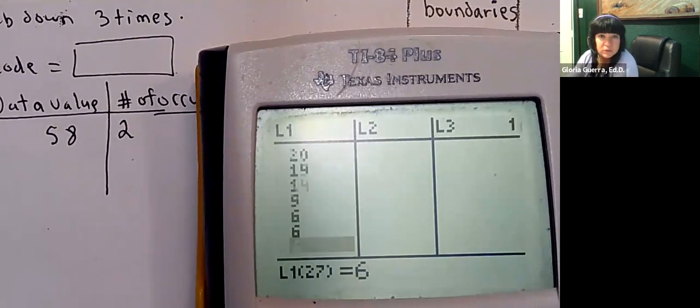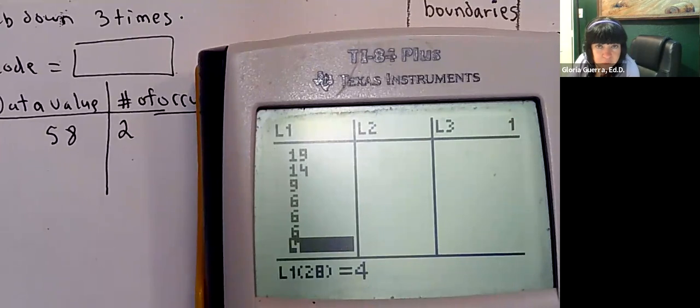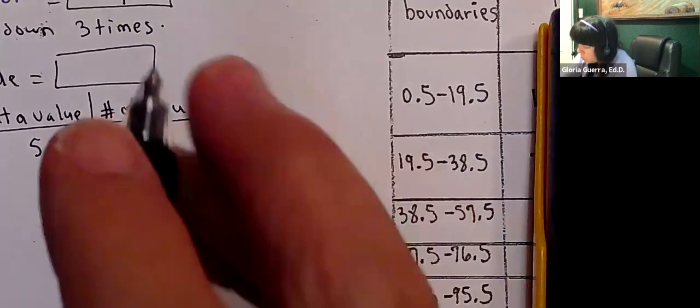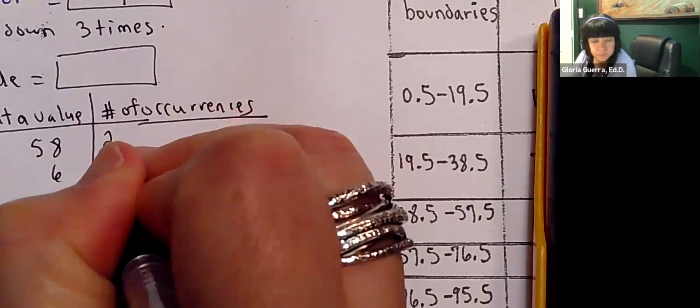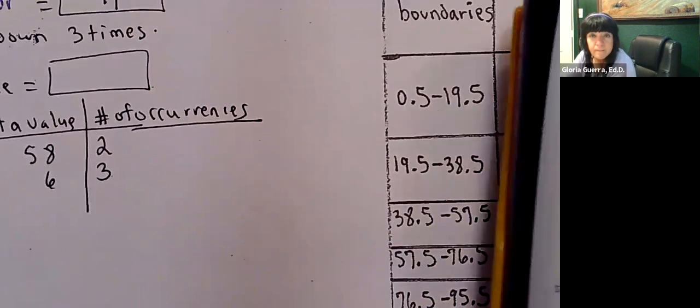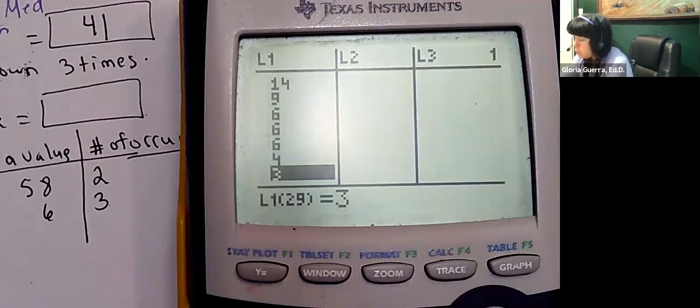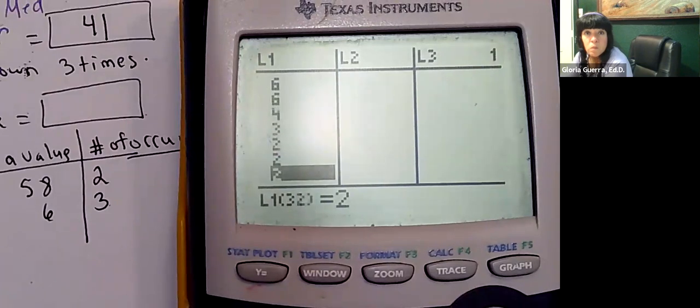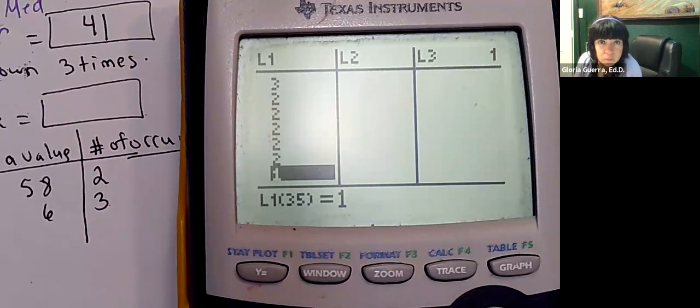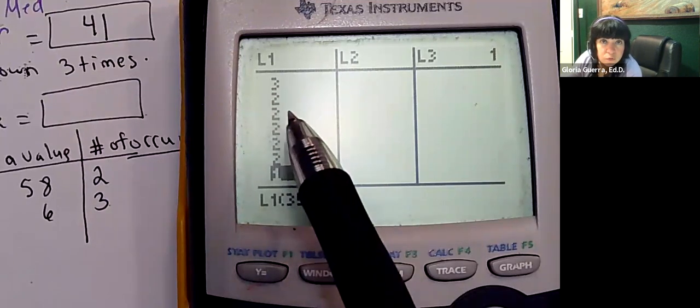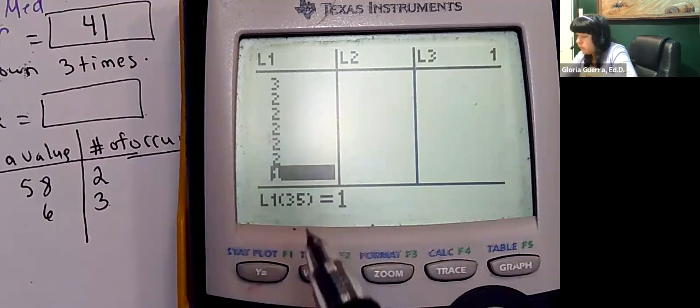Okay, here 6 is coming up. Let's see, 1, 2, 3 times. Okay, 6 is appearing 3 times. Okay, looks like 2 appeared 5 times, right? 1, 2, 3, 4, 5. So 2 appeared 5 times.